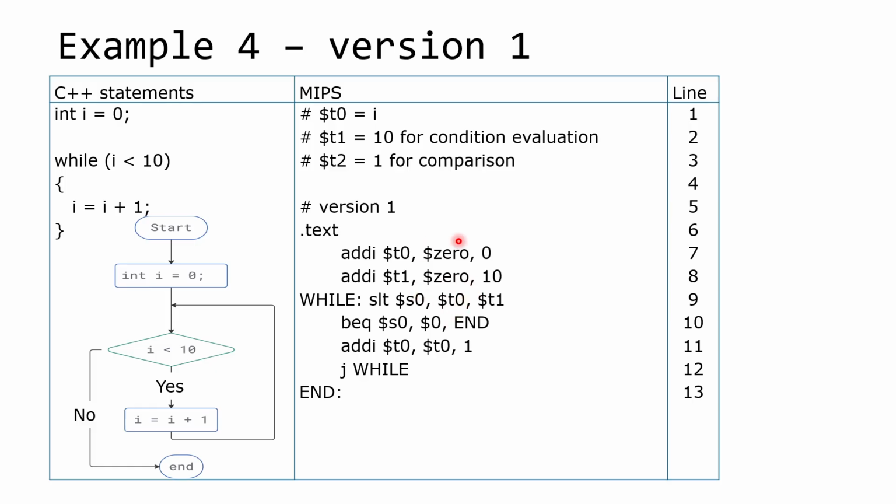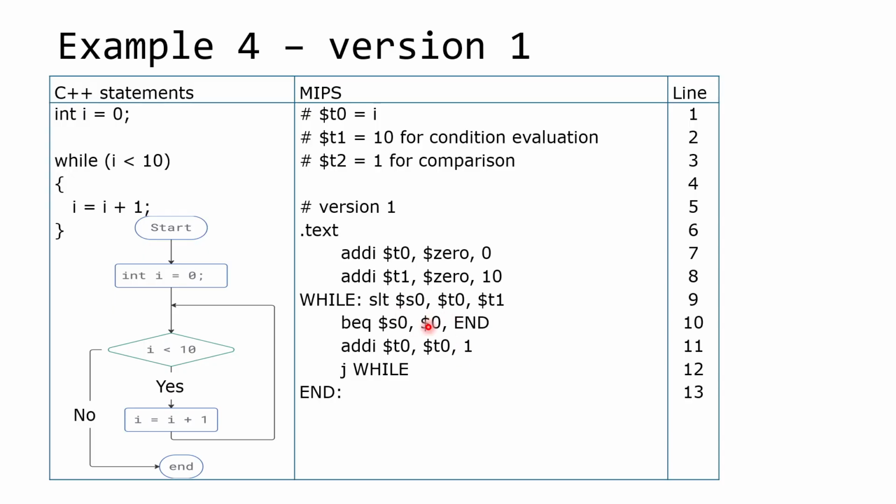So here 0 is less than 10, so it will be true, right? So S0 will become 1. So S0 will be tested: BEQ, if S0 is equal to 0.